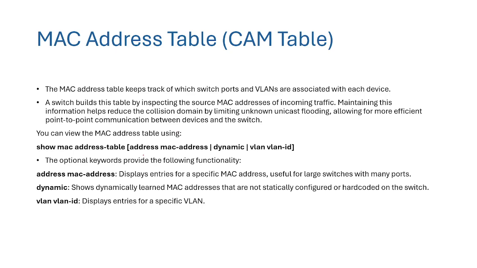You can also mention the VLAN ID. These are other options to see more information related to the MAC address table. It also specifies the timer, because if there is no traffic from a host for a particular time, it will remove the entry from the MAC address table.